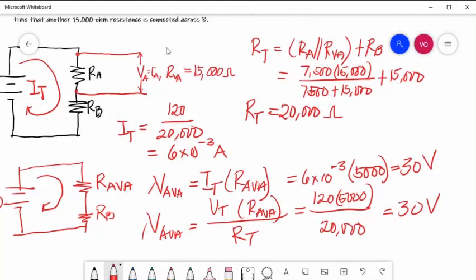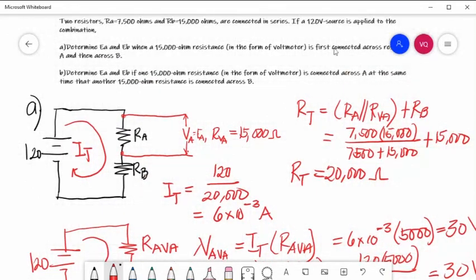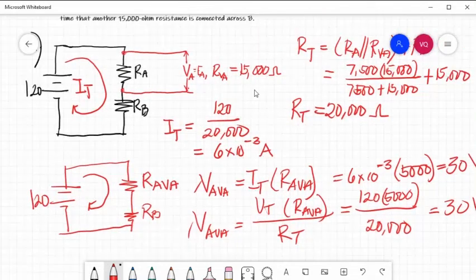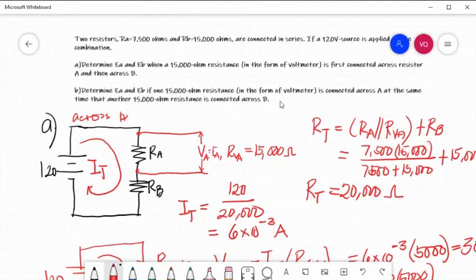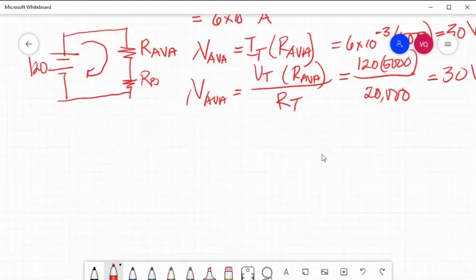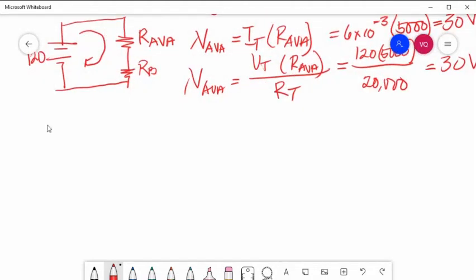Next, this is the first condition. First connected across resistor A and then across B. So, this is across A first. Here it is across A only. Next one is across B. So, again, we will redraw.